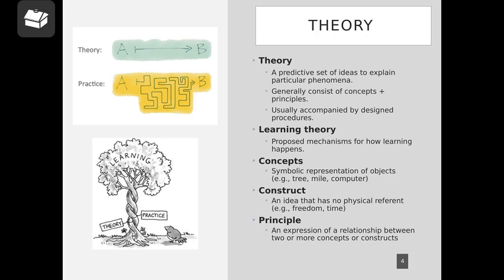I focus a lot in my own research, for example, on the context of online learning and specifically about assessment in online learning. And I do my theoretical development in that context, and I draw from different theories that help me solve practical problems. Principles, on the other hand, are the expression of a relationship between two or more concepts or constructs.